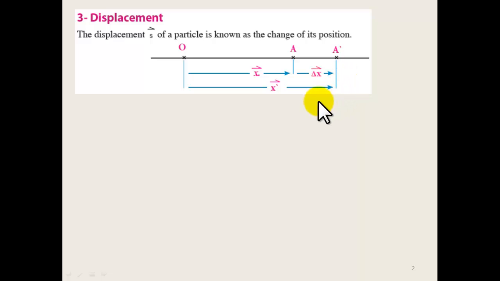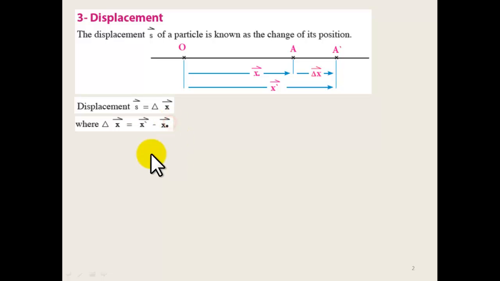So the difference between x dash and x naught, where x naught is the initial position and x dash is the terminal position, is delta x, the displacement. So displacement S equals delta x, and delta x equals x dash minus x naught.